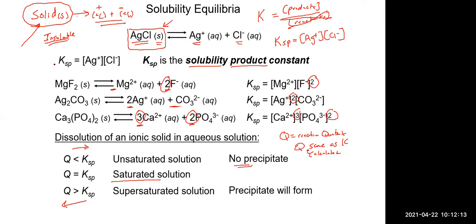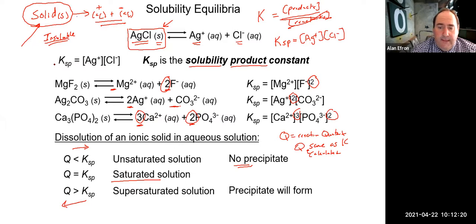Can you explain one more time why in unsaturated solutions there's no precipitate? Yeah, so that's basically what the definition of an unsaturated solution is. If you add more solid, it will dissolve.